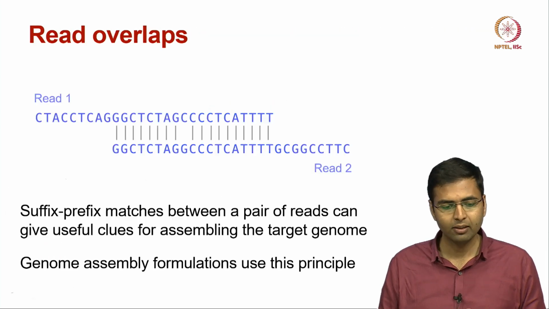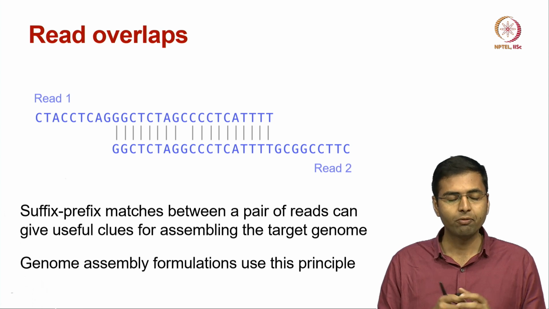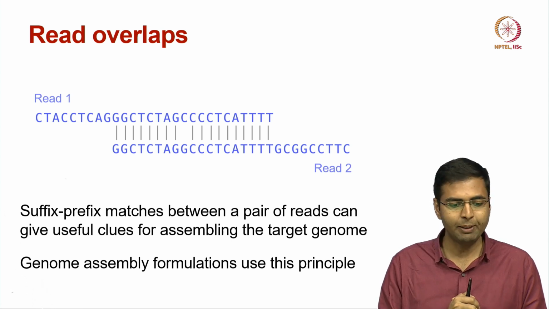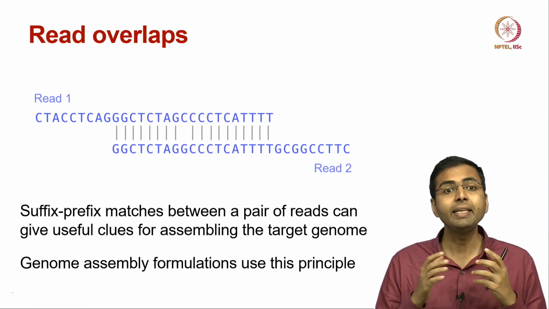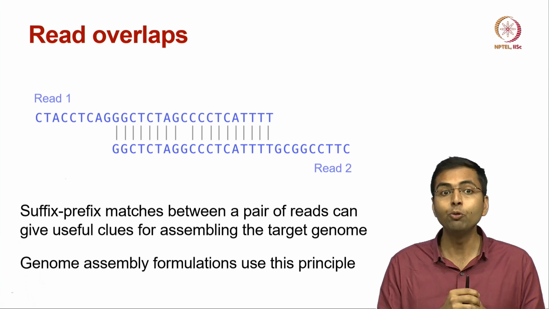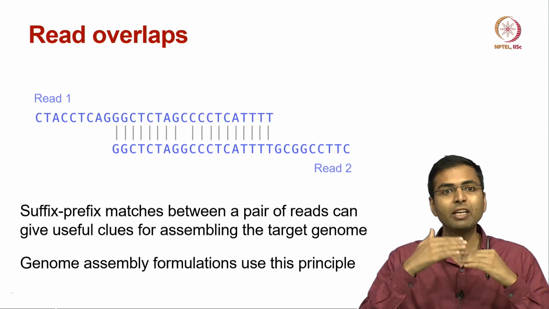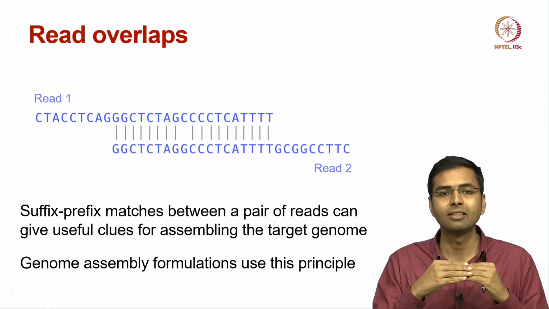So moving on, as you can imagine, in the genome assembly problem, one of the key principles that we are going to use is going to be the suffix prefix overlaps among the reads.